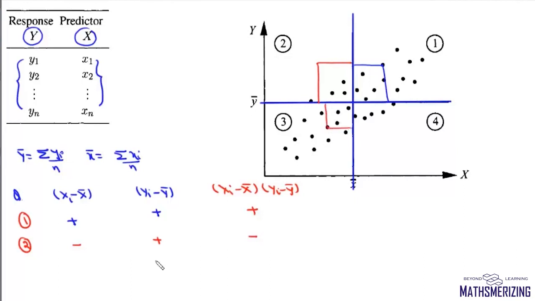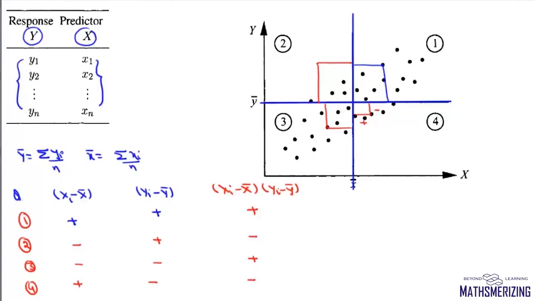So both of them will be negative, and therefore their product is positive. So in the third quadrant also, this product will be positive. And in this fourth quadrant, xi minus x bar will be positive, but yi minus y bar will be negative. So this value will be negative.